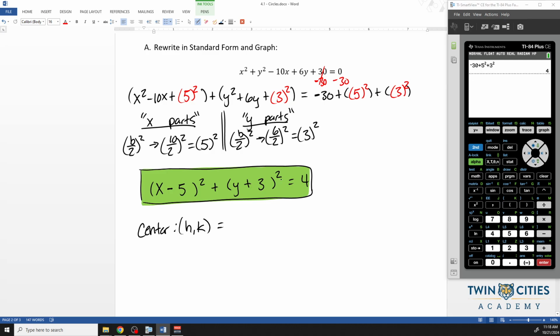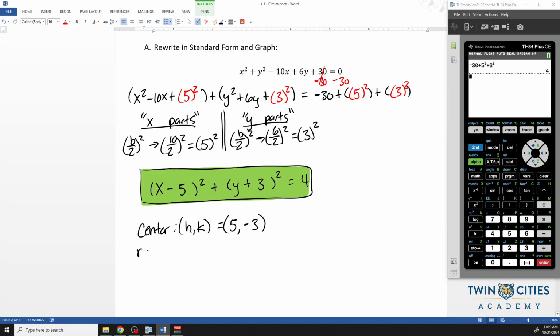The easy way to think of this is whatever you see here, think of the opposite. So this negative 5, h is going to be a positive 5. This y plus 3, k is going to be negative 3. So my center is at (5, negative 3).